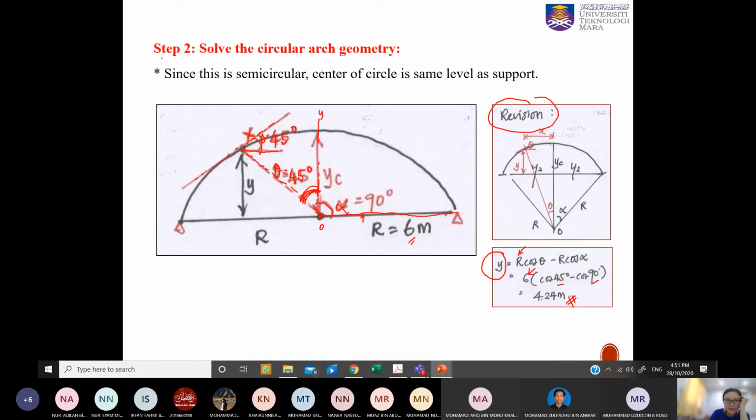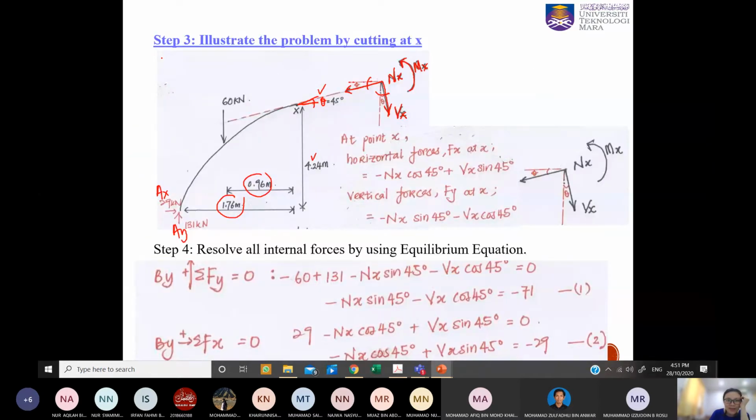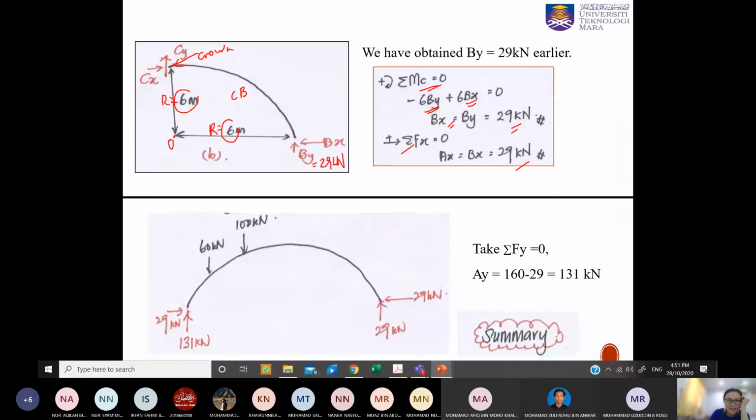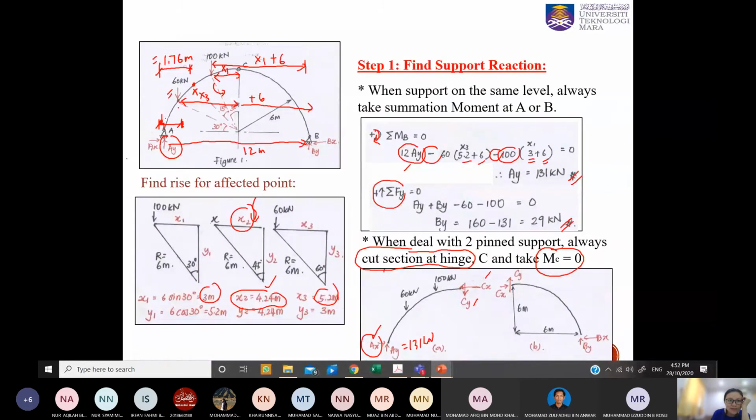And then another one is 0.96 meter. 0.96 meter is measured from the 60 kilonewton to X. This one to this one is 0.96. How to get 0.96 meter, class? Now this is 6 meter minus x2.